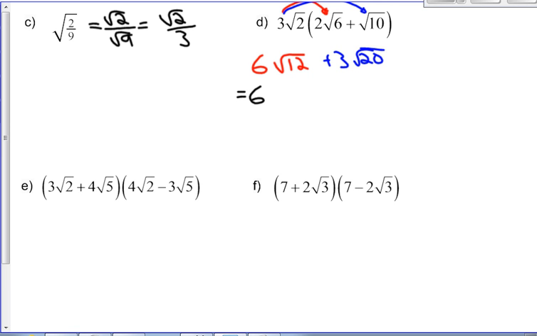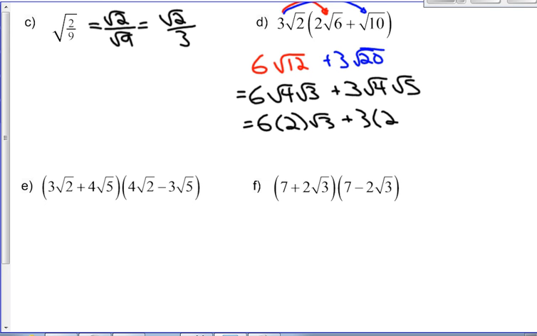So that's going to be 6. Square root of 12 is root 4 times root 3. 3 square root of 20 is root 4 times root 5. So this will be 6 times 2 times root 3 plus 3 times 2 times root 5. Or in the end, 12 root 3 plus 6 root 5.